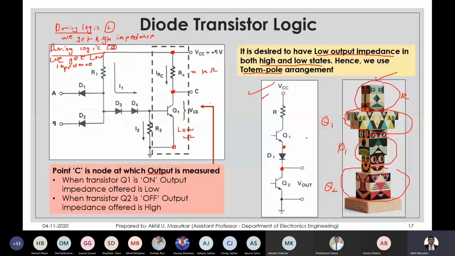We know that diodes and transistors, when they are on, offer extremely low resistance paths, and that is the reason why above the output we have connected a diode and transistor, and below the output also we have connected a transistor. So when the current flows from either one of them, the current will have a low resistance path.